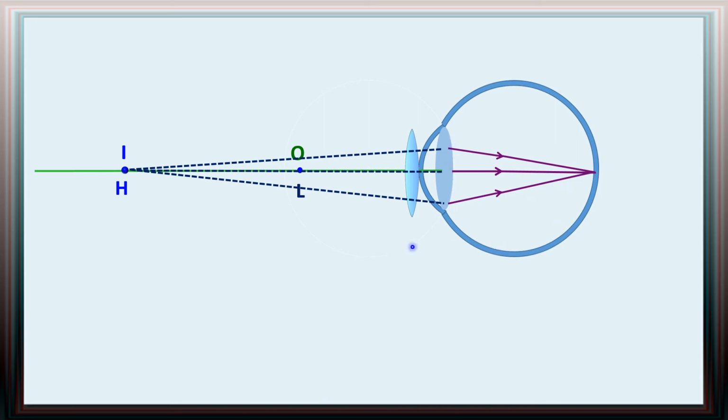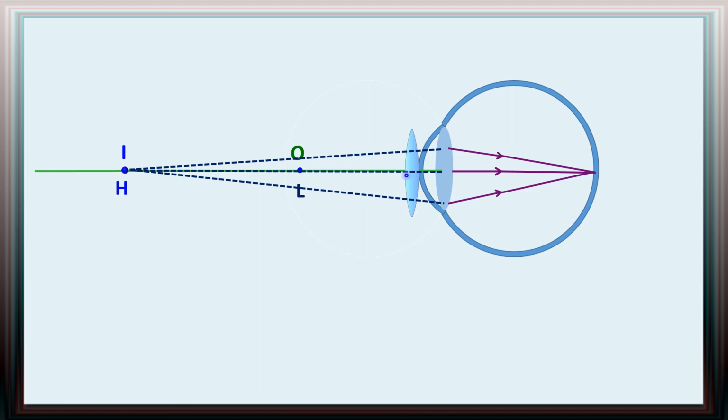So in this way, we can correct the hypermetropia by using a suitable convex lens. Okay, so we have to see that the object should be placed between the focal point and the optic center of the convex lens.